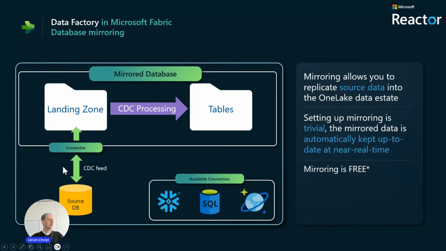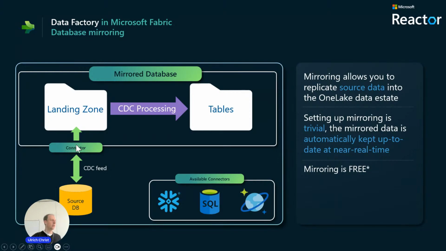You see that on the left-hand side here. We basically have a split of the synchronization process in two steps. The first step is that somehow data from a source is fetched via a connector here. So we are providing connectors for mirroring, which are capable of getting the change data feed out of a source, right?